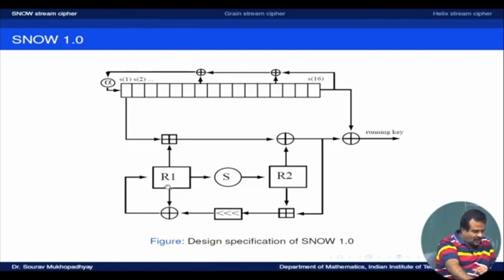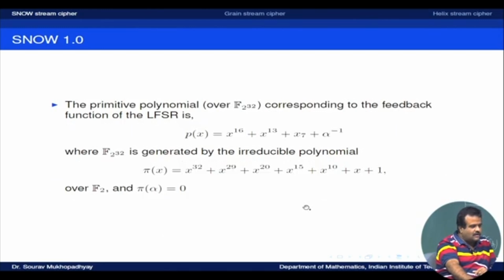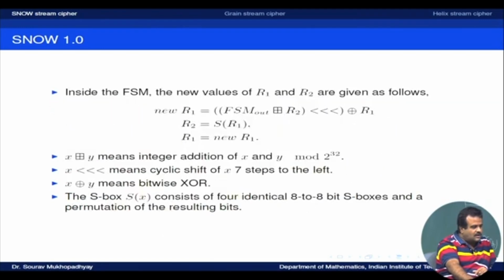Then it takes R1, XORs with that, and changes R1. Then again it changes R2. So this is what we are doing here.